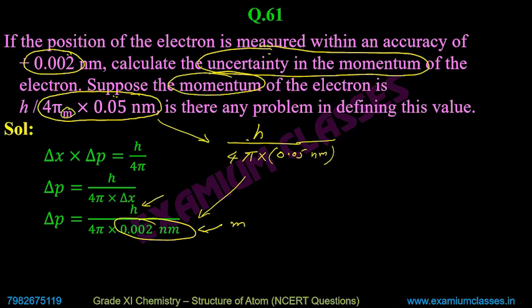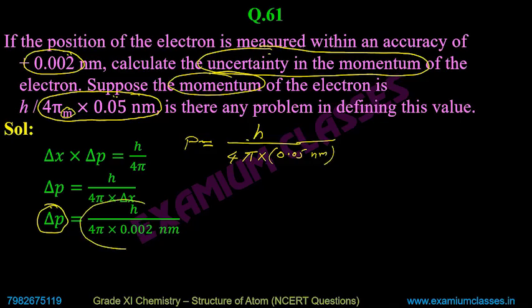So the question is, suppose the momentum is given. It is not the uncertainty, it is the actual momentum, p, not delta p. Is there any problem in defining this? The answer is yes, there is a problem. If I have uncertainty in momentum as this much, and the momentum itself is less than this one.